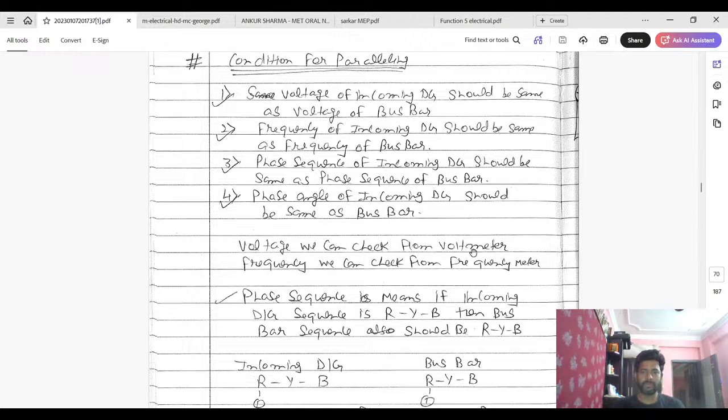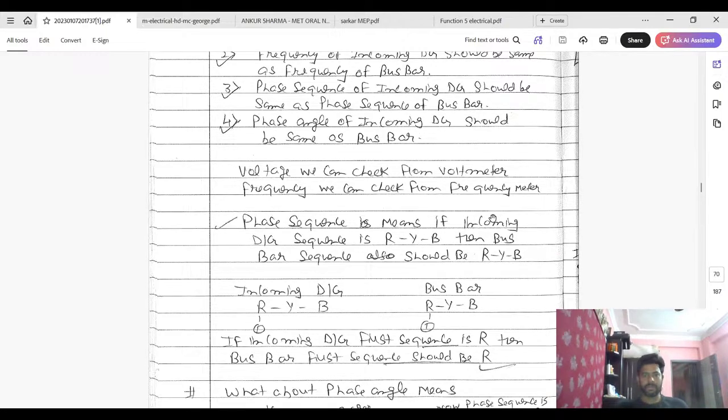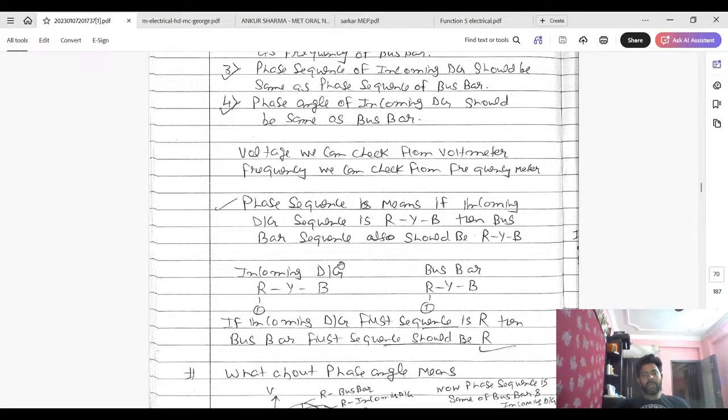Suppose I have R, Y, B phase. If the incoming DG's first sequence is R, then the bus bar's first sequence should also be R. This is called phase sequence.